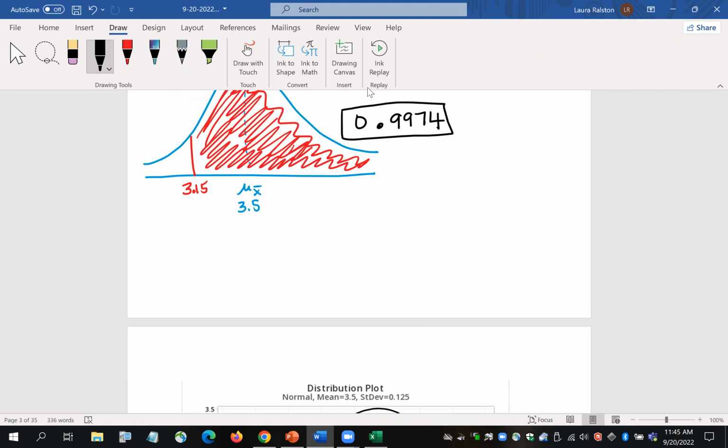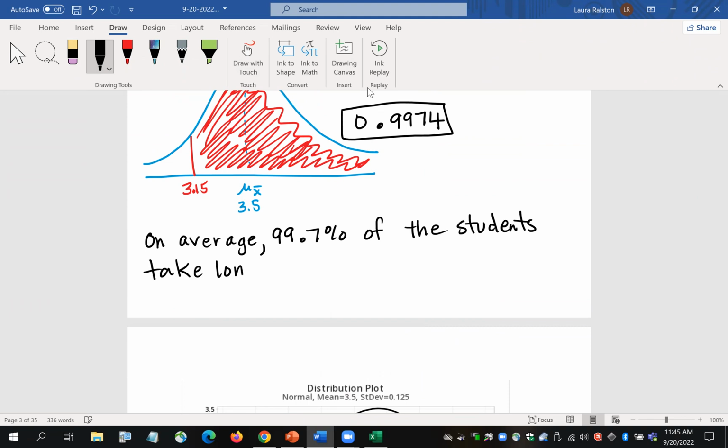If you want me to write that: on average, because we're looking at the sample mean, 99.7% of the students take longer than 3.15 hours to take the SAT.